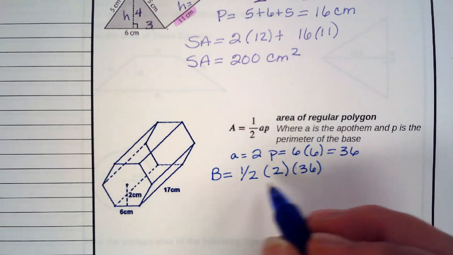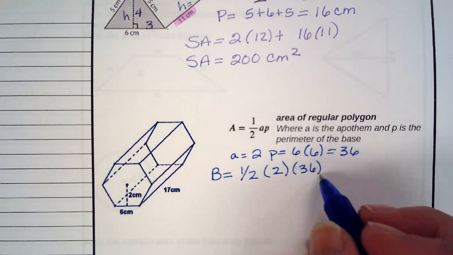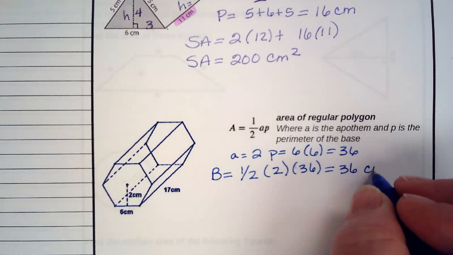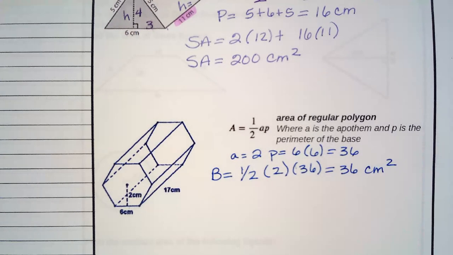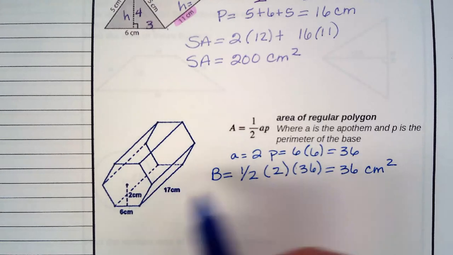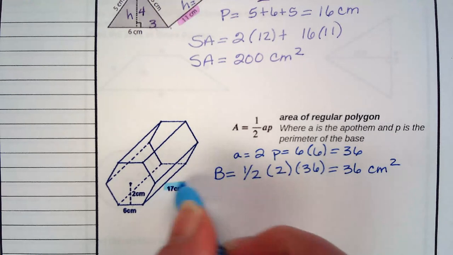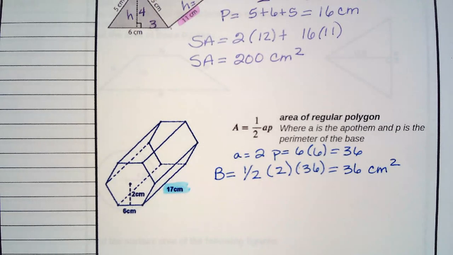Okay, 1/2 of 2 is 1. 1 times 36 is 36 centimeters squared. We already have our perimeter, so we don't need to look at the perimeter again. But the height of the prism is 17.